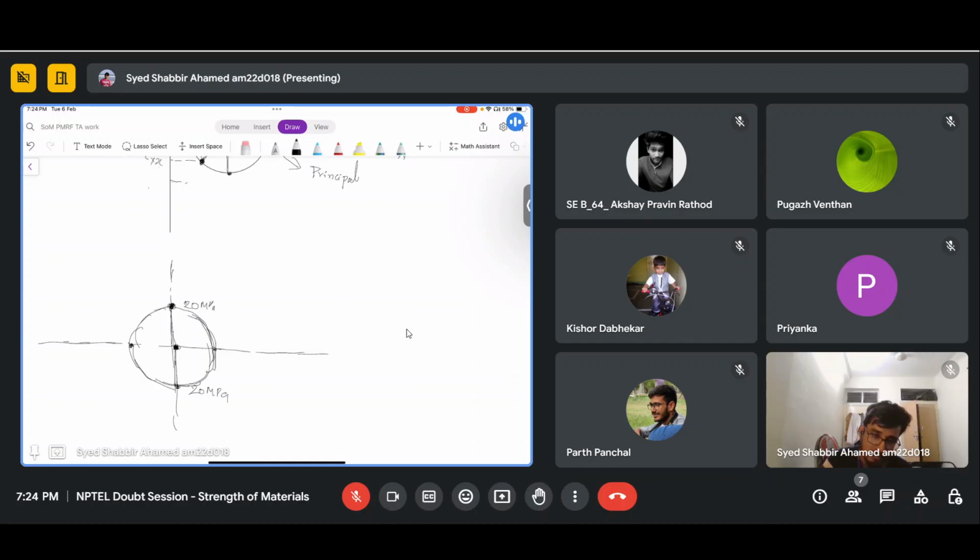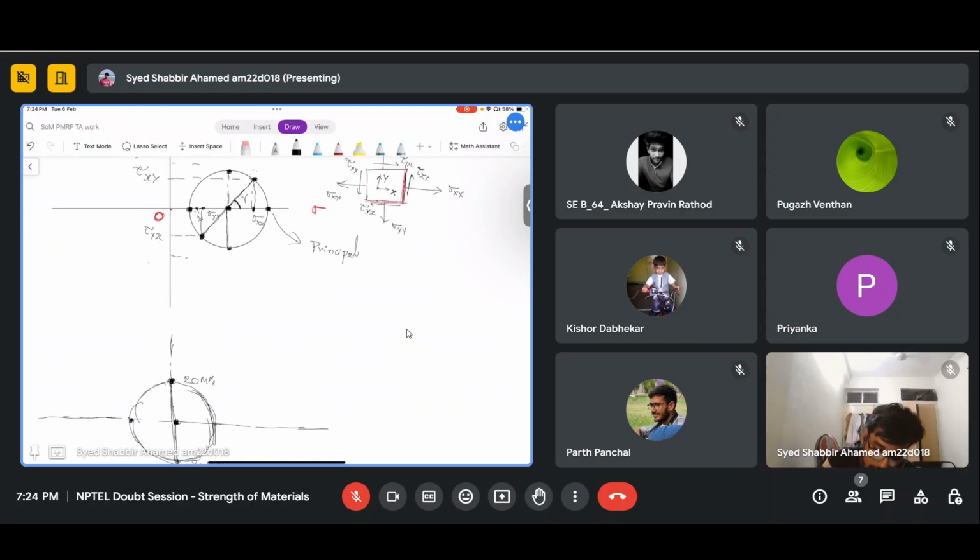Join these 2 points and draw a line. Wherever this line intersects, you take this as the center of the circle and this as the radius, and draw a circle. Okay, is this fine?